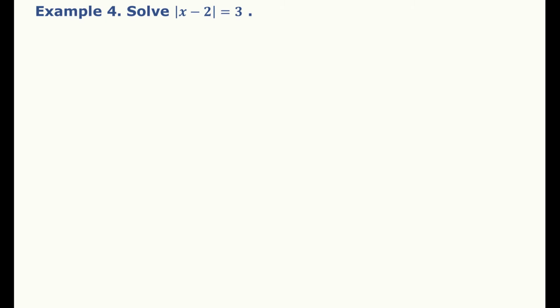So what can that number be? There are only two numbers whose absolute value is 3. One of them is 3, and the other one is -3. So if the absolute value of this expression is 3, this expression has to be one of those two numbers.